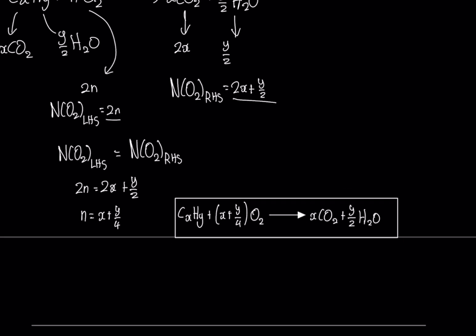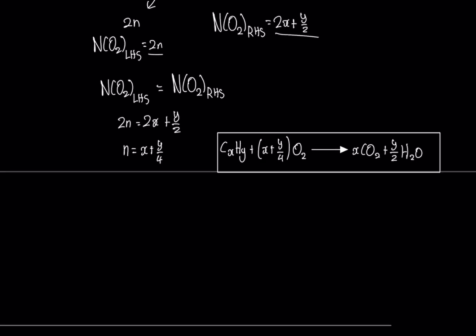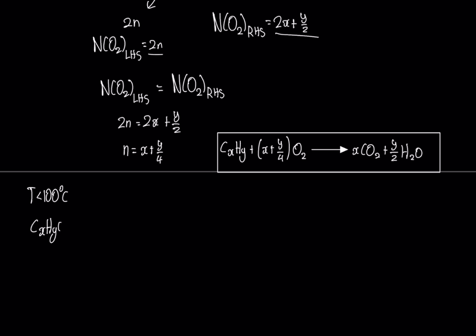Now, it's important to note that the states depend on what the temperature is. If your temperature, I'll use T to denote temperature, is less than 100 degrees Celsius, then you would have CxHy in gas. This guy will always be gaseous. x plus y over 4 oxygens in gas. And then the combustion products remain the same. x carbon dioxides in gas plus y over 2 waters.